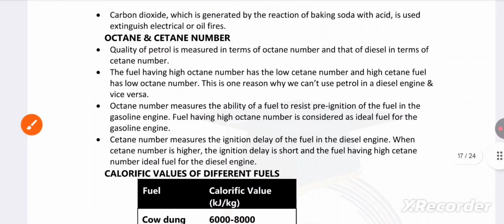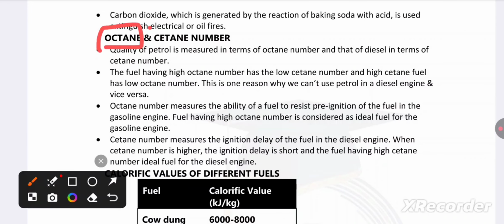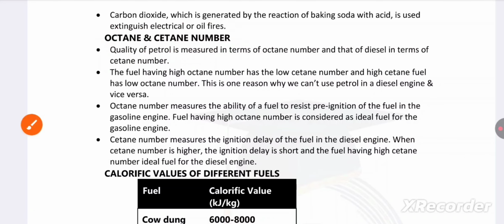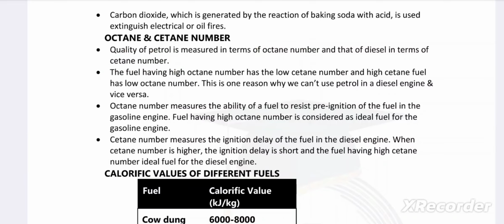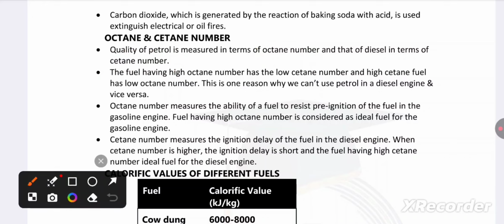Important: octane and cetane. Quality of petrol is measured in terms of octane and diesel in terms of cetane. For this I will give one ASR trick.